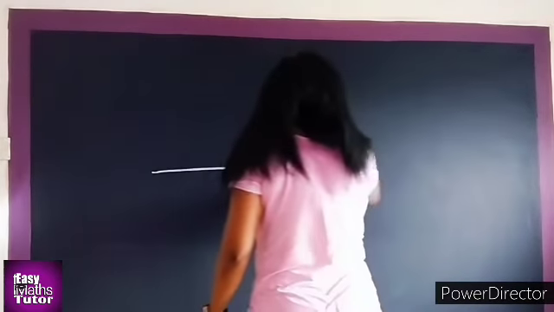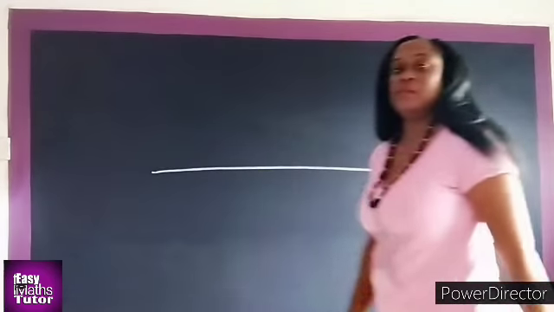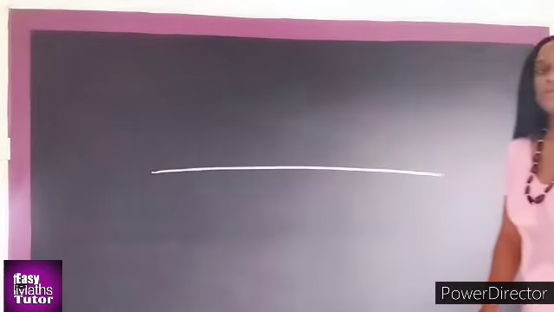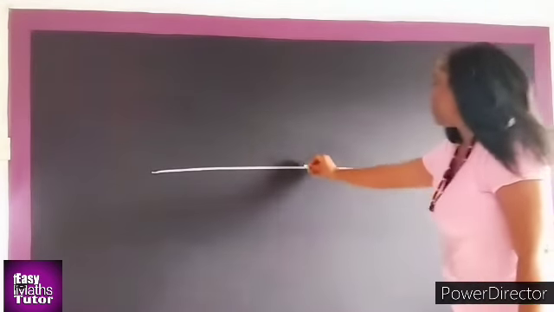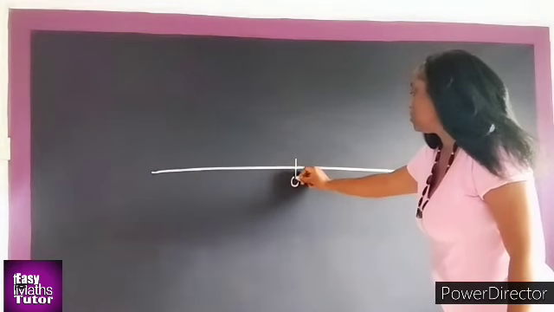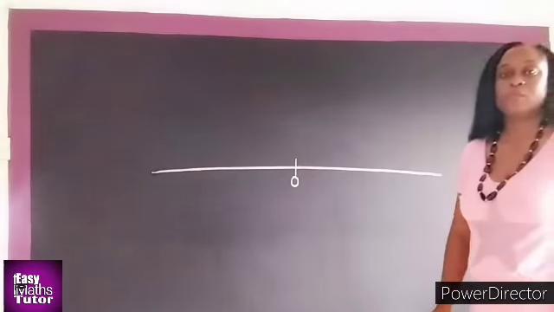Now this is our number line. It's a horizontal line, and I'll call this 0.